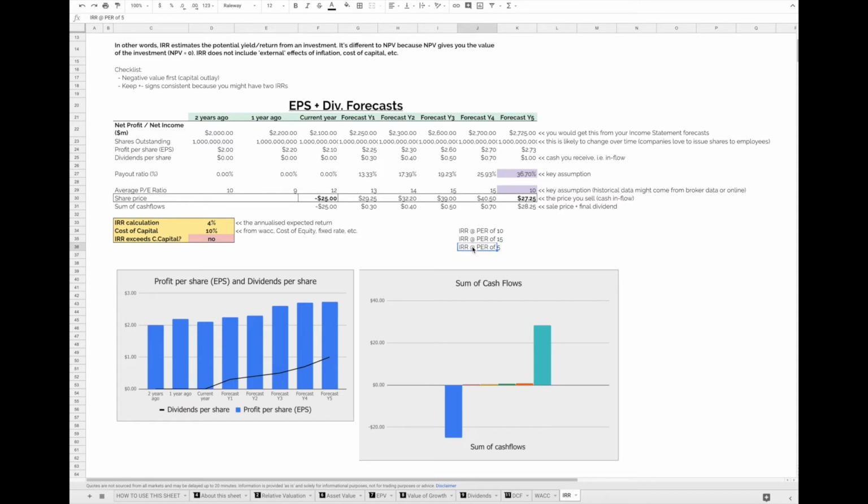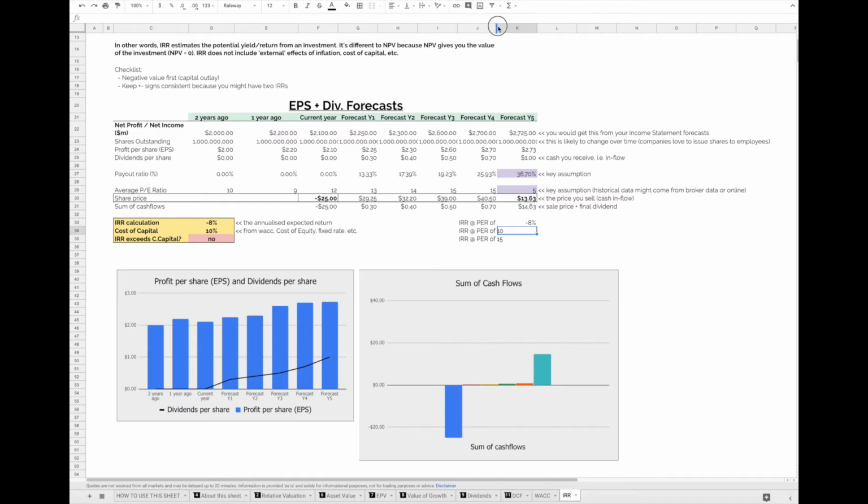We're in a genuine bear market. Let's put that at the top here. So to stress test our model, we might say, okay, if we assume that the price earnings ratio is 5, what's the IRR? Well, it's negative 8%, so that's bad, we probably wouldn't take that bet.